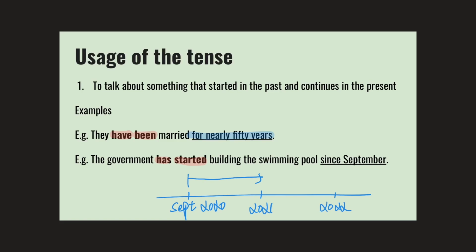And it will continue doing so in the future. So in this case, we're using present perfect tense to talk about an action that started in the past, in September 2020, and continues in the present and continues now to the future.